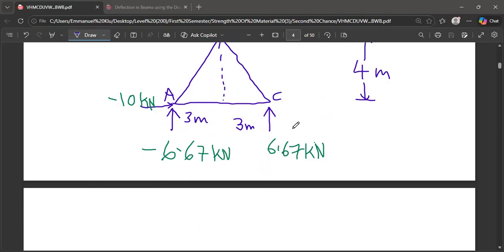So we are now going to start taking it joint by joint. But first of all, let's consider the real system.